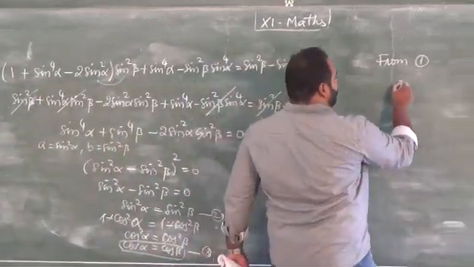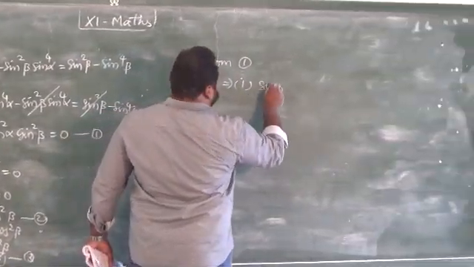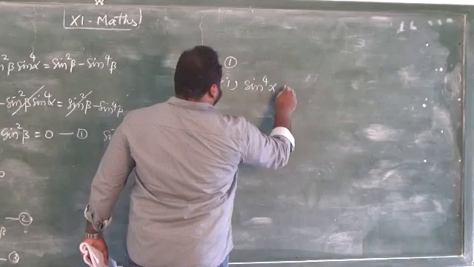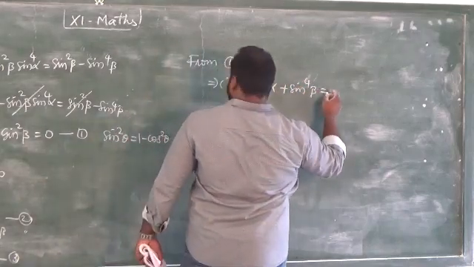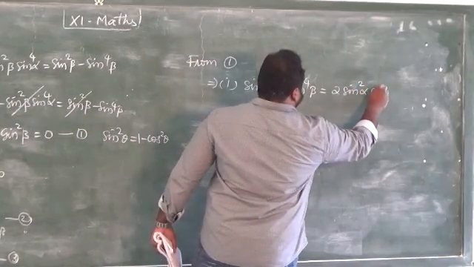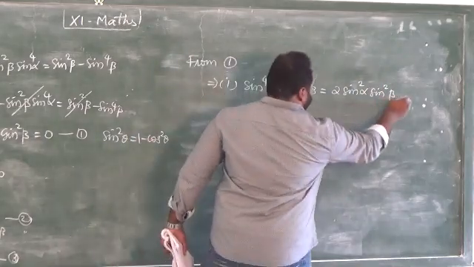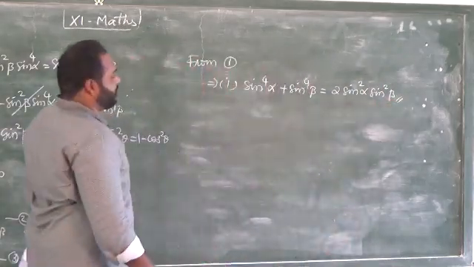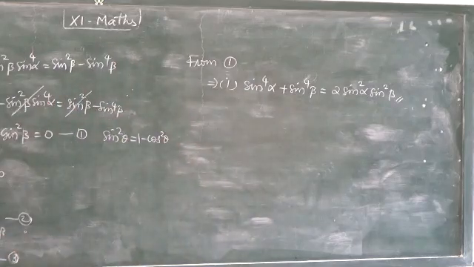From 1 I can give the answer: sin power 4 alpha plus sin power 4 beta equal to 2 sin square alpha sin square beta. This is first question answer. First question proof.